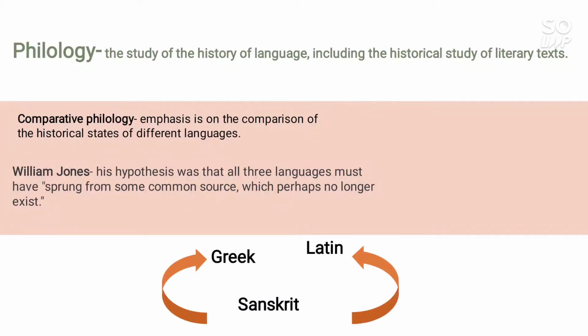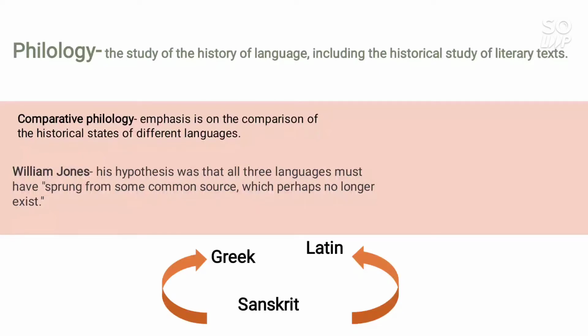The term philology traditionally means the study of the history of language, including the historical study of literary text. It is then called comparative philology when the emphasis is on the comparison of the historical states of different languages.